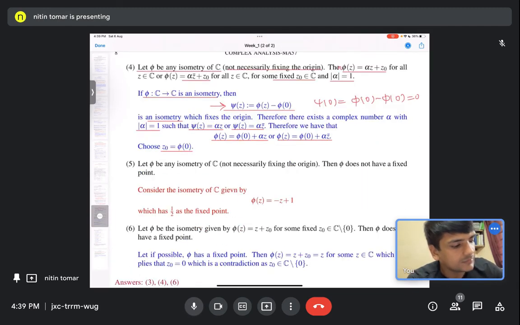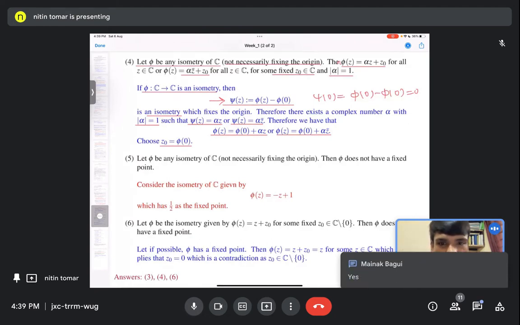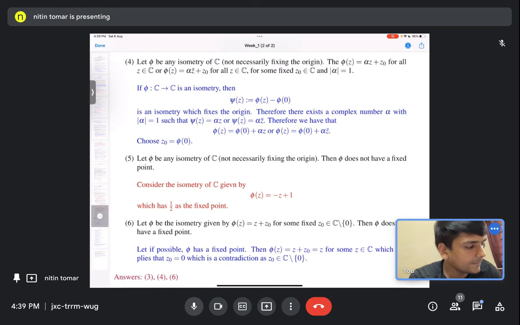Okay. Now the fifth question says that any isometry of C does not have a fixed point. Now what does it say? It says any isometry of C, except the one fixing the origin, won't have any fixed point. This option is false. Why? See, this is an isometry, right?